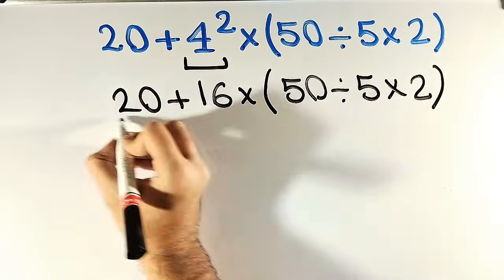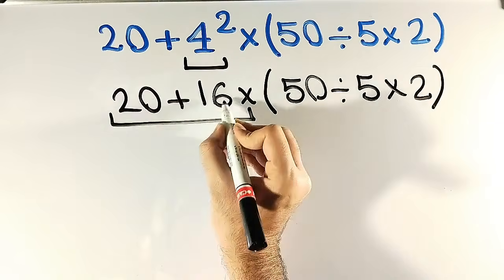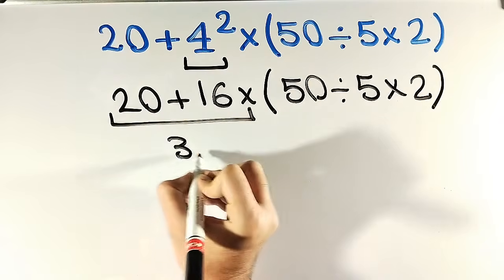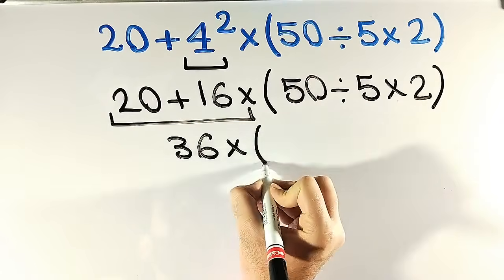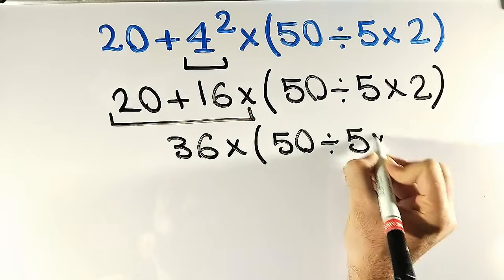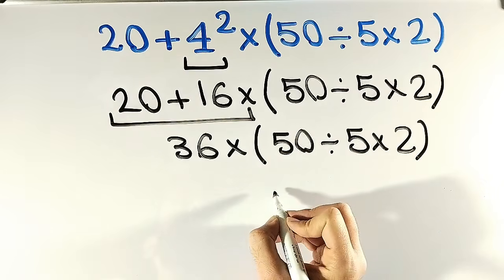And the next step, they go for the addition between 20 and 16. And instead of this expression, they write 36 multiplied by open parenthesis 50 divided by 5 times 2 close parenthesis.